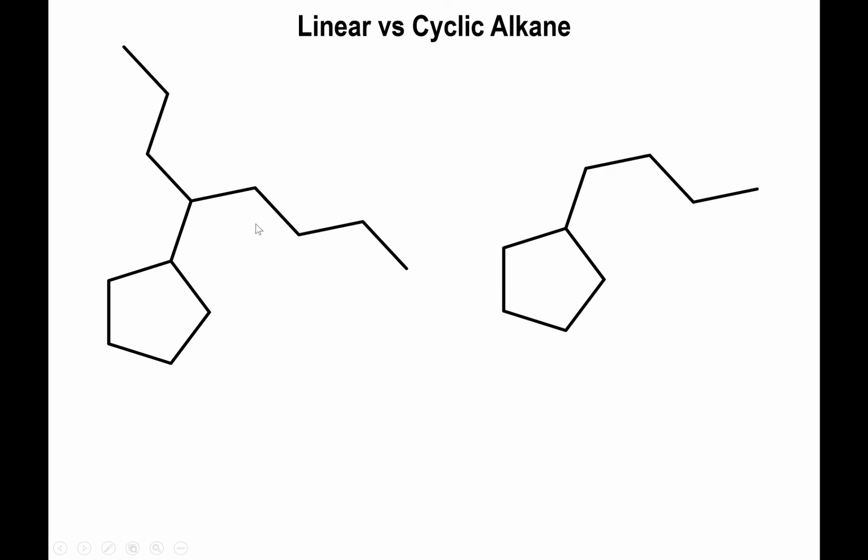Alright, so there's a few things that we need to take into account and a few rules that you're going to have to keep in mind when naming molecules. The first thing is that when you do have linear segments as well as cyclic segments, and by the way, you only have one linear segment and one cyclic segment, so this is very specific, so only one ring within the linear segment.